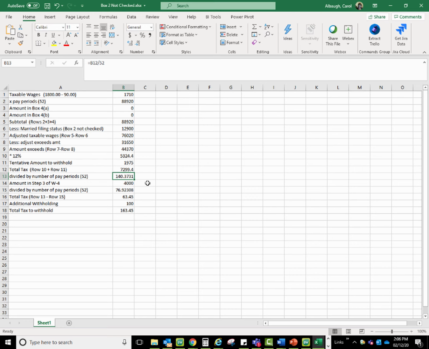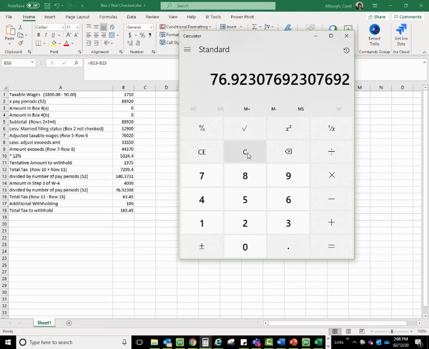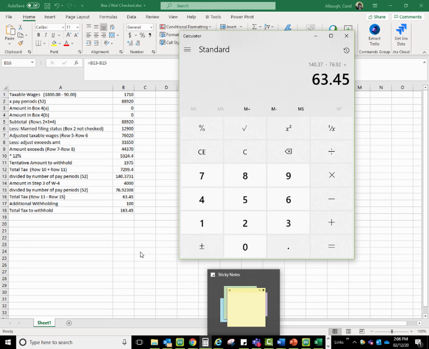We need to now take the amount of tax that was calculated, or the $140.37, subtract the credit for the dependents, which calculated out to be $76.92, to get the amount of tax that should be withheld from this employee's check. If we take the 140.37 minus the 76.92, that is $63.45.